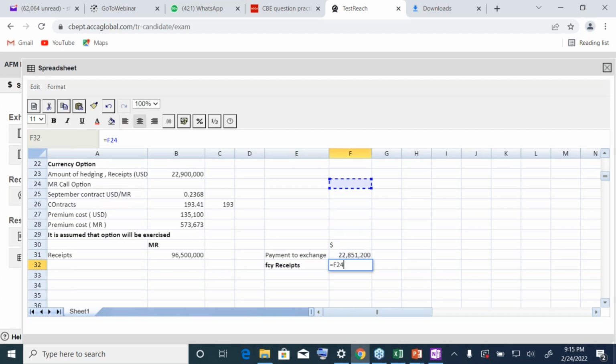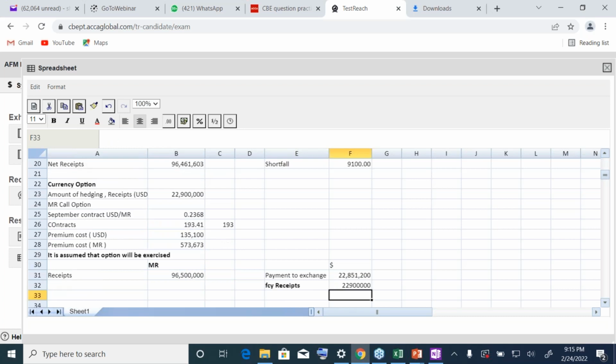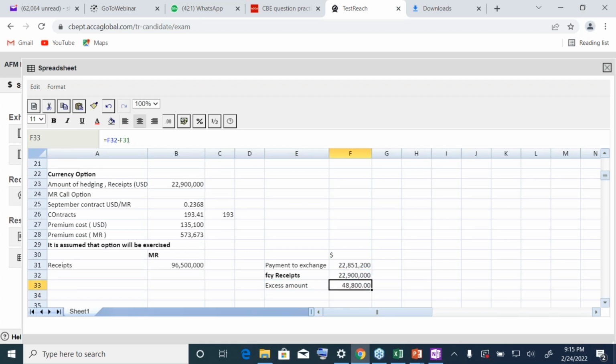Sir, we are receiving 22.9 million. So what is the excess amount which you have received? 22.9 million minus 22.85, 48,800 is the excess amount. So you will sell this excess amount at forward.